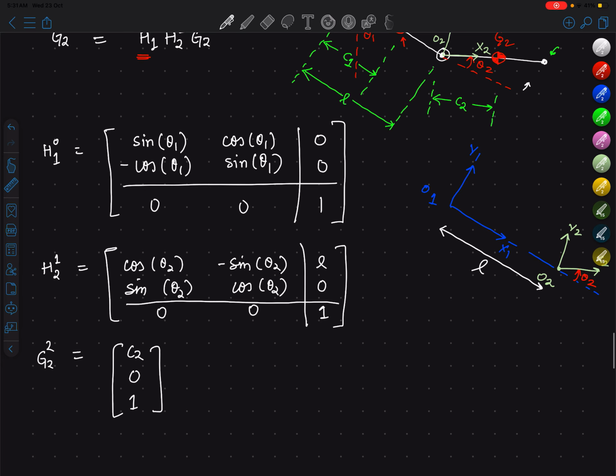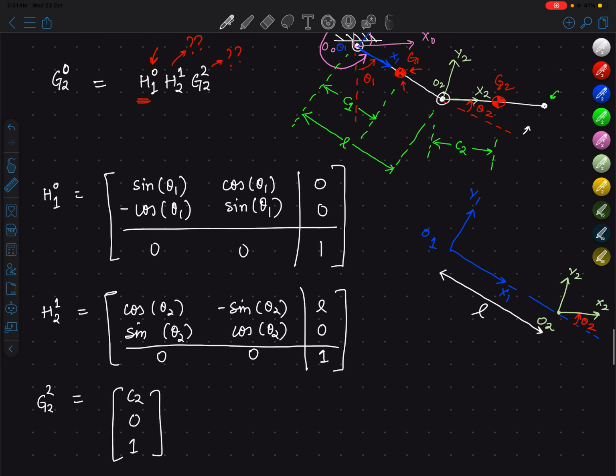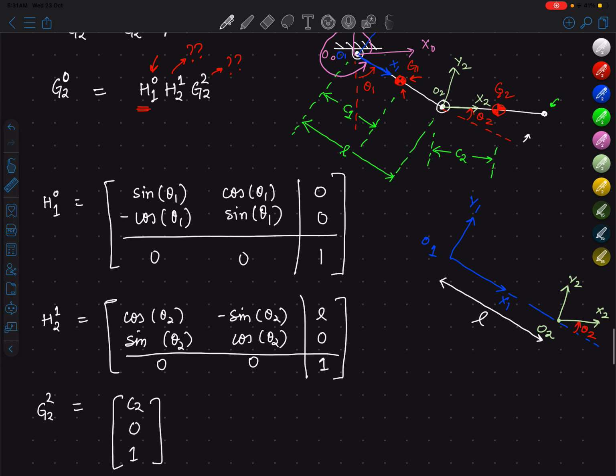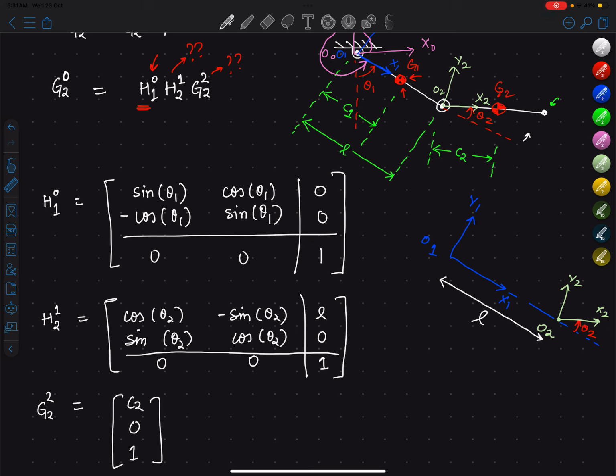I hope this is clear. If it is not clear, just give it some time. I think it will be obvious. These are the coordinates of G2 in frame 2, which lies on the x-axis of x2, so there is no y coordinate.